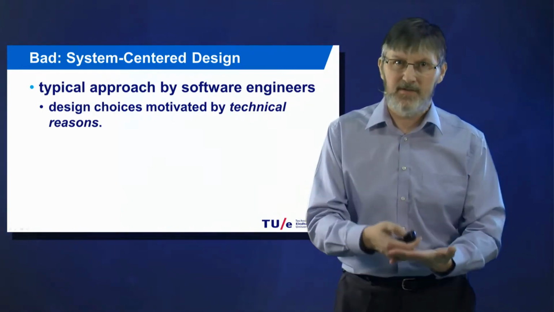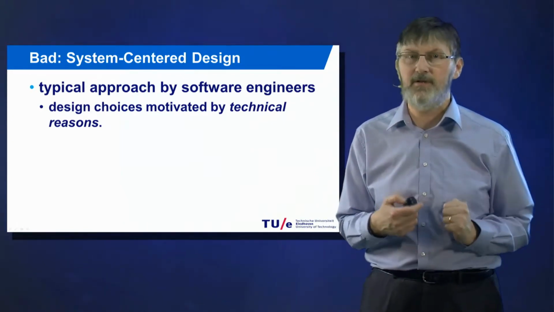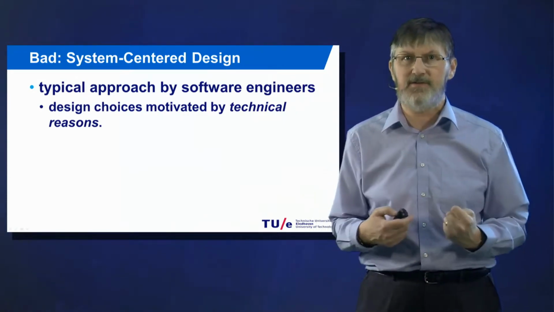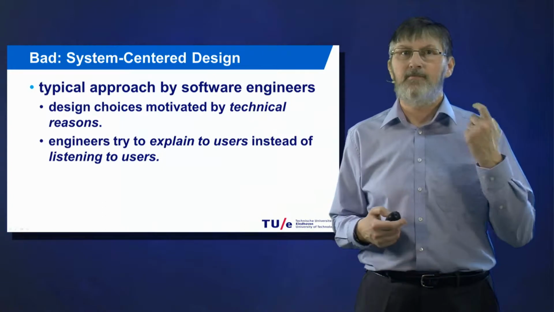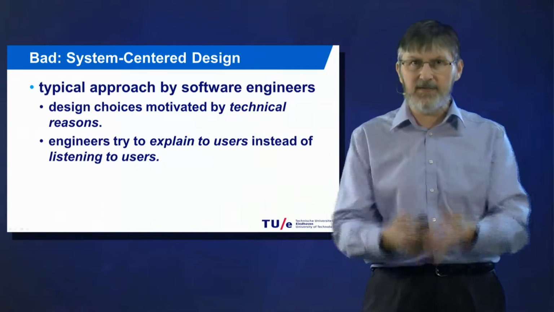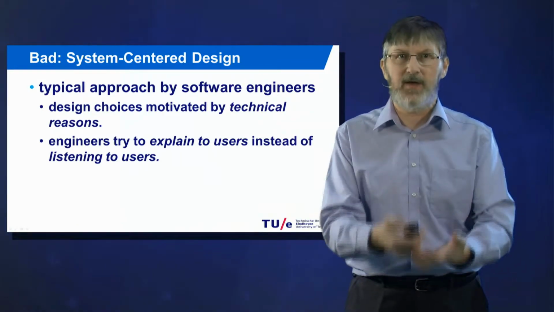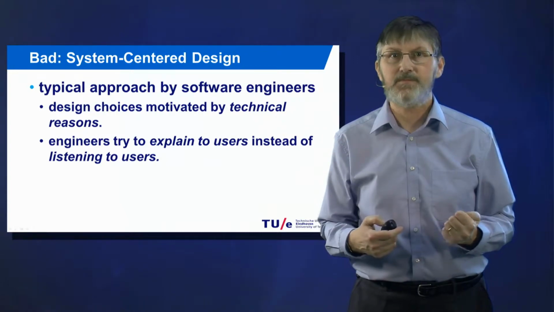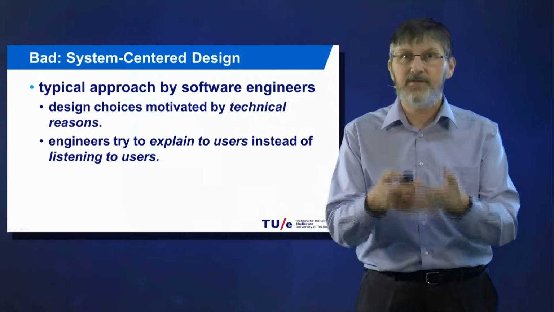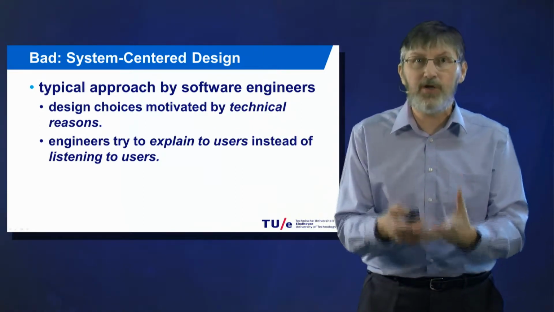They are the best, maybe even the best technical solution, but they may result in an interface, an interaction the user doesn't like. What does the engineer do? The engineer will try to explain to the users why the system works the way it works. And the engineers do not hear the users who say, but I want it to work differently.